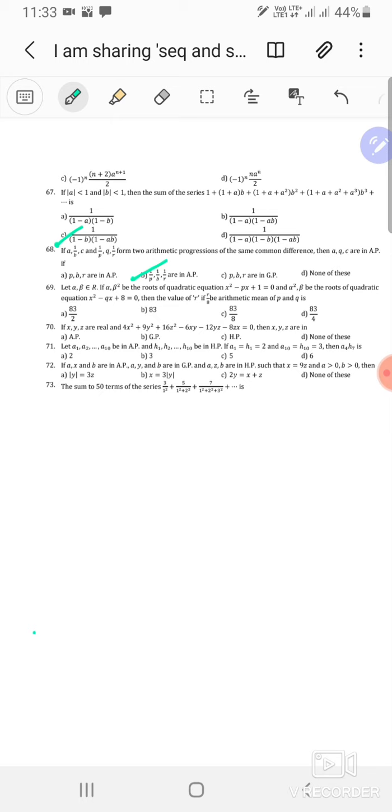Okay, let's move on. So let alpha, beta belong to real numbers. If alpha times beta squared and something be the roots of this quadratic equation x squared minus px plus 1 equals 0, that means that alpha times beta squared is equal to 1, and alpha squared and beta be the roots of the equation x squared minus qx plus 8 equals 0. So alpha squared times beta has to be equal to 8.